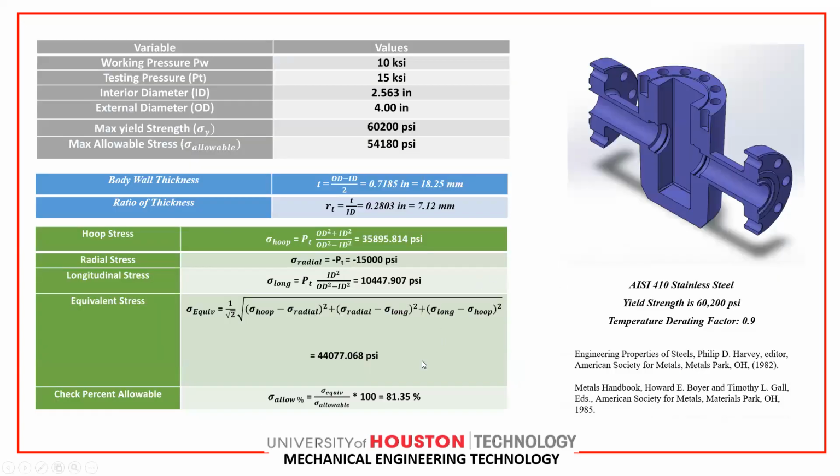This slide shows the mathematical hand calculations. We use the solid mechanics equations. In the hand calculations, we need to determine whether the equivalent stress is less than or equal to the maximum yield strength.